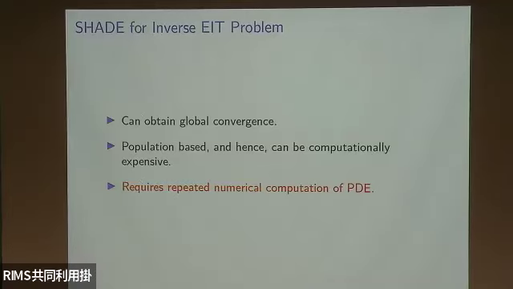However, it's population-based and can be computationally expensive. It requires repeated numerical computation of the PDE. So this is our main motivation. Can you replace the usual solver with a deep learning model so that instead of solving the PDE using FreeFEM, you can use a neural network?